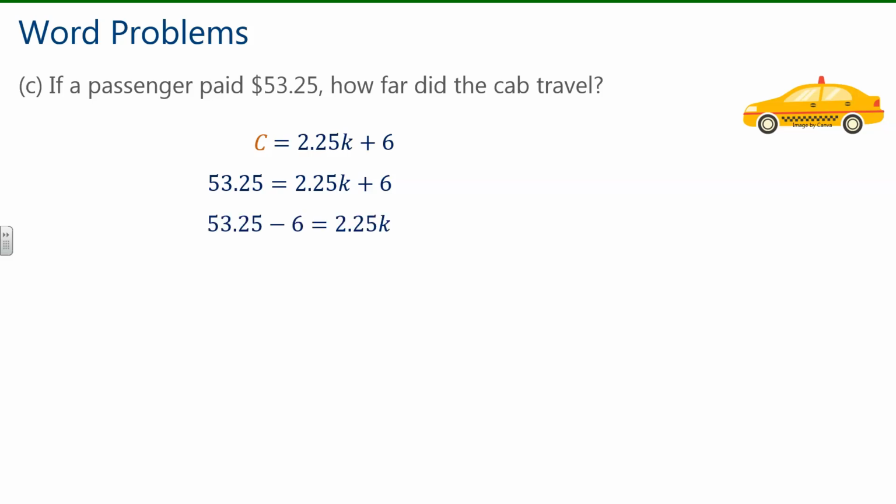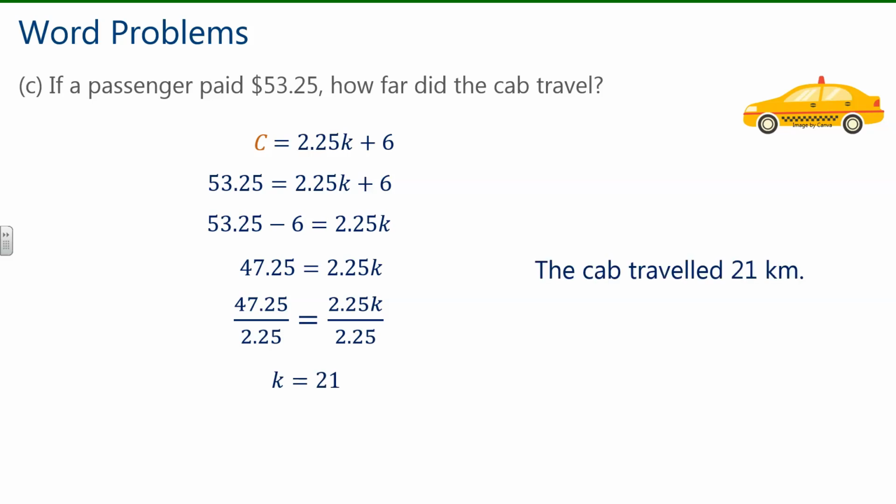And when we do that, it becomes 53.25 subtract 6. Working that out gives us 47.25. Now, to get rid of the 2.25 in front of the k, we can divide both sides by 2.25, giving us 21. So now we can say that the cab traveled 21 kilometers.